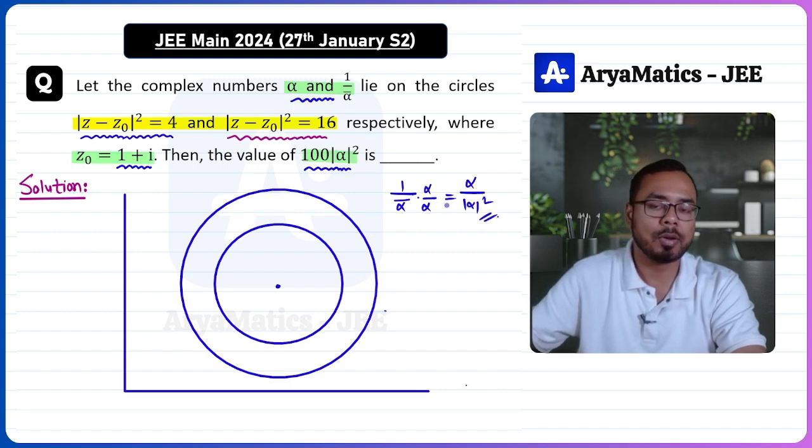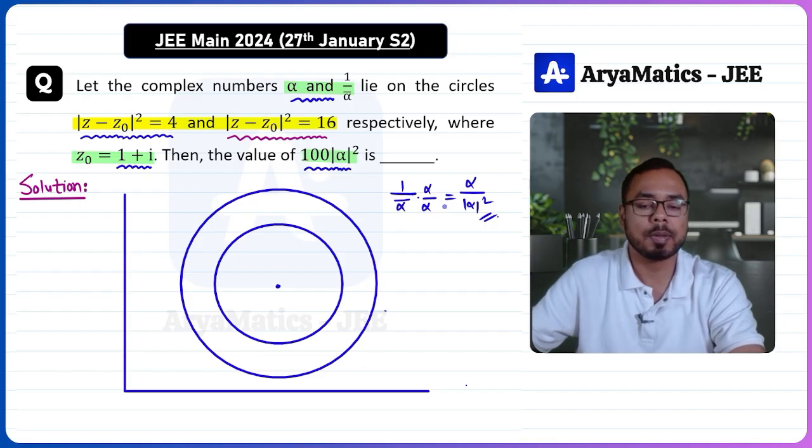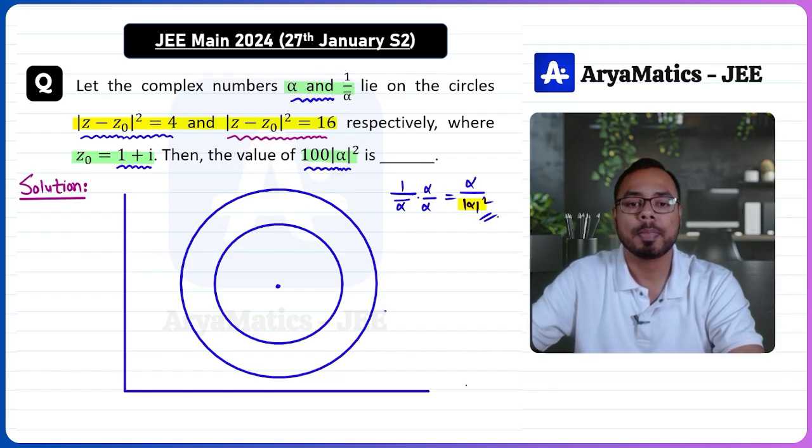And if you multiply a complex number by some positive number, its argument will not change. So this complex number 1 by alpha conjugate is nothing but alpha by mod alpha square, and mod alpha square is always positive. That means these two complex numbers will always have same argument. That means they will lie on same straight line passing through origin.